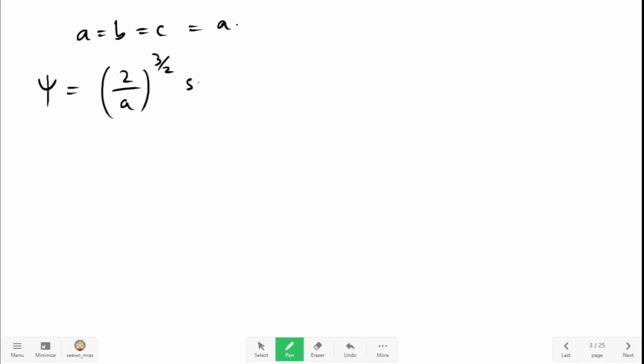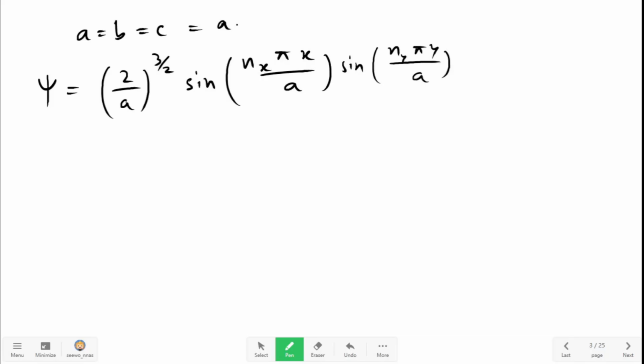So we will get 2 by A the whole raised to 3 by 2 sine of nx pi x by A times sine ny pi y by A times sine nz pi z divided by A.